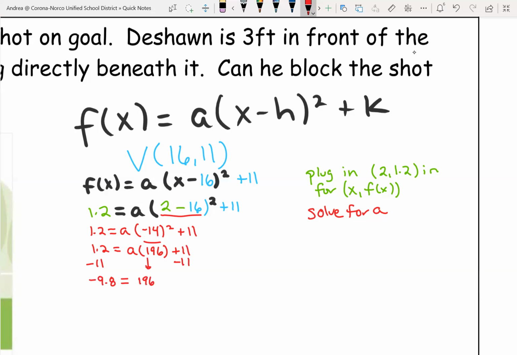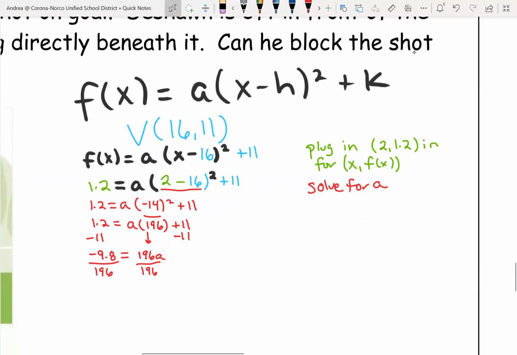It's the same thing, I just switched the order because it's easier to look at. Finally, I'm going to divide by 196. If I plug that into my calculator, I get a equals negative 0.05.